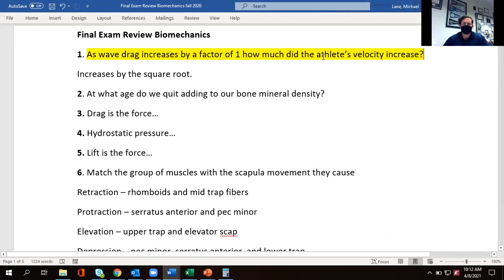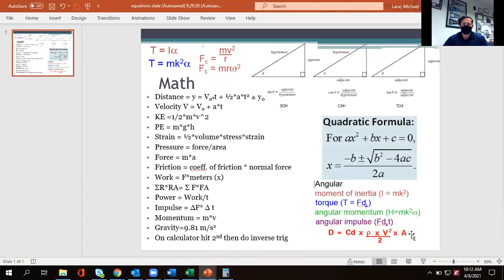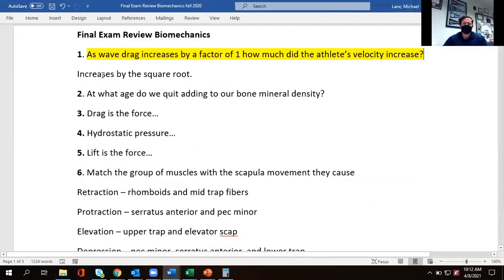How much did the athlete's velocity increase? Okay, so here is our drag formula. So if the drag increased by a factor of 1, okay, that means our velocity, since velocity is squared, needs to have increased by the square root of 1, effectively.